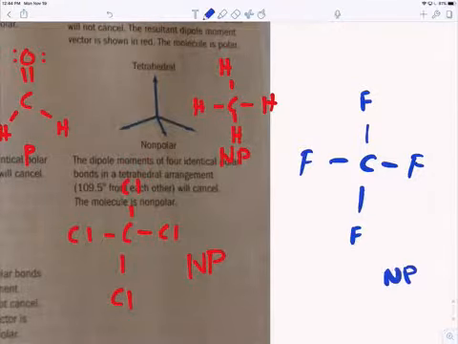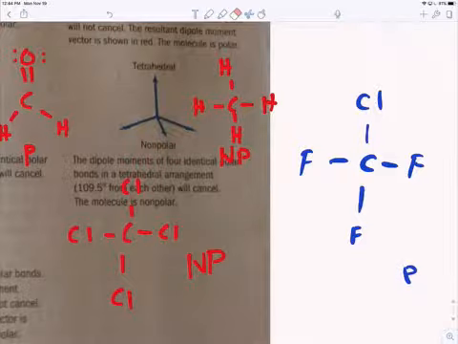Tetrafluoromethane, nonpolar. They're all the same, right? So trifluorochloromethane. This molecule is polar, because one's different, right?